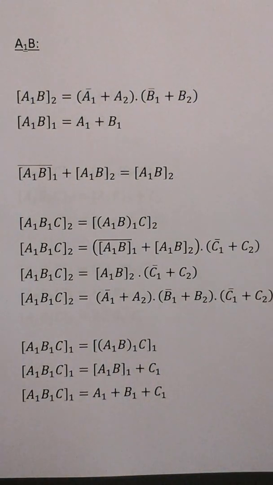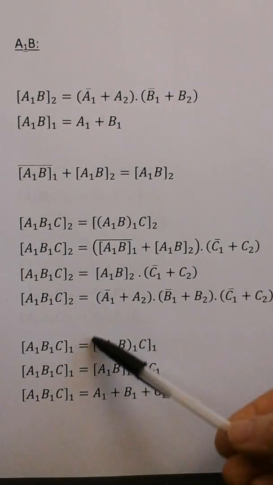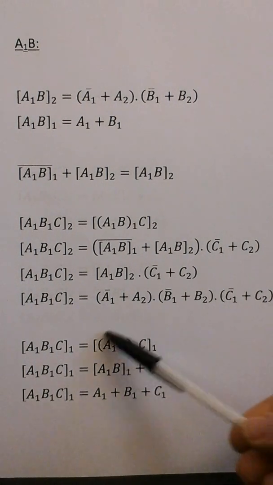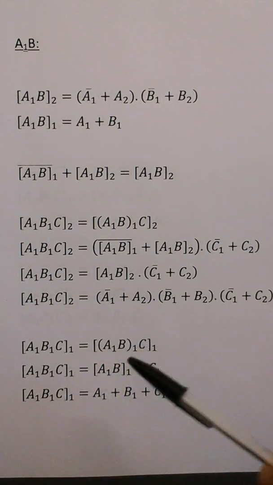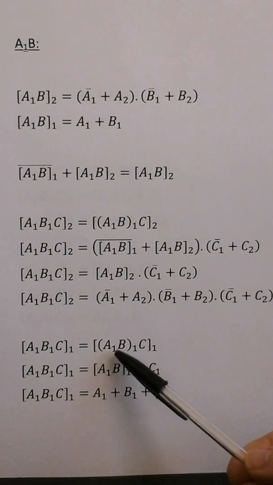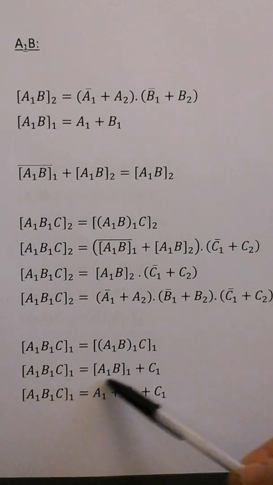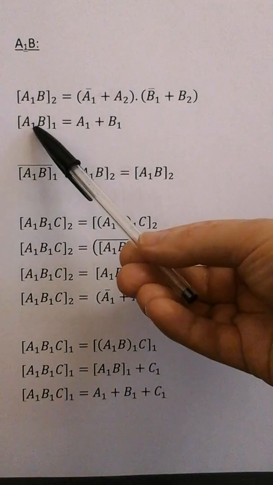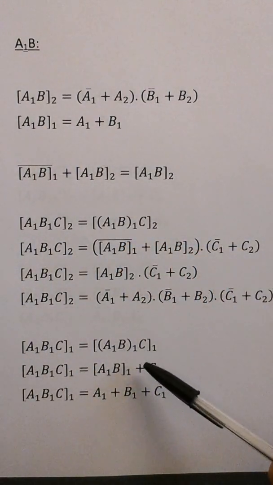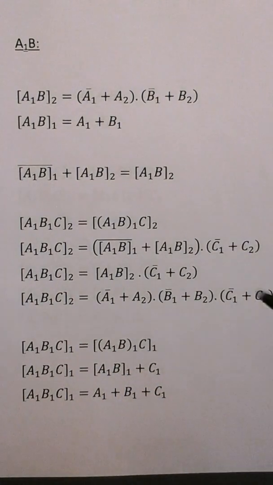For A1B1C1, you can split that again, group it, loop that as one variable and have that as another. So it's a two variable function. So A1B1C, this function goes to A1B1, which is there, and you OR it with C1.